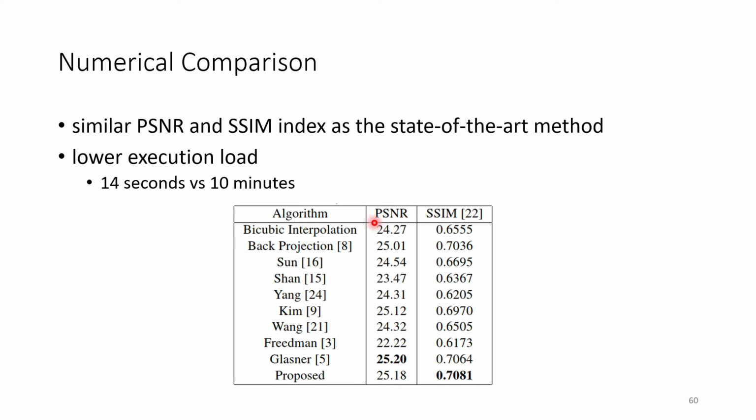However, the difference between our method and the Glasner method is the computational load. We only need 14 seconds to generate an image, but they need 10 minutes. We use much less computation to generate comparable images in terms of their PSNR and SSIM index.